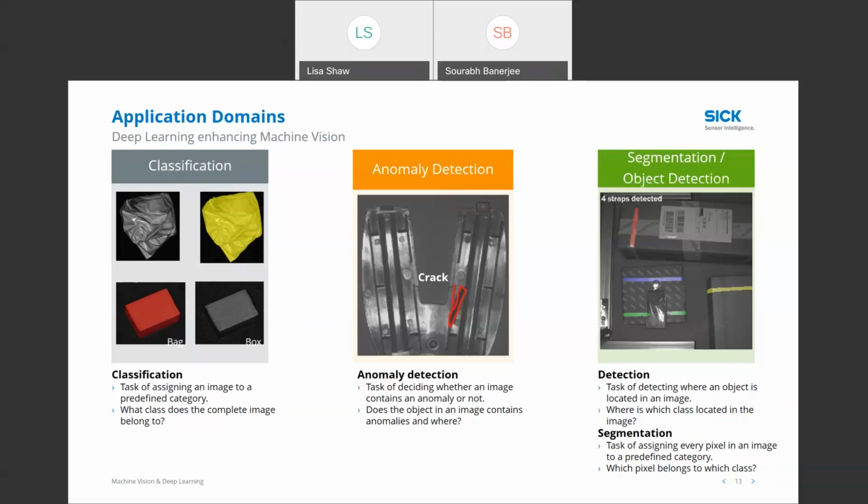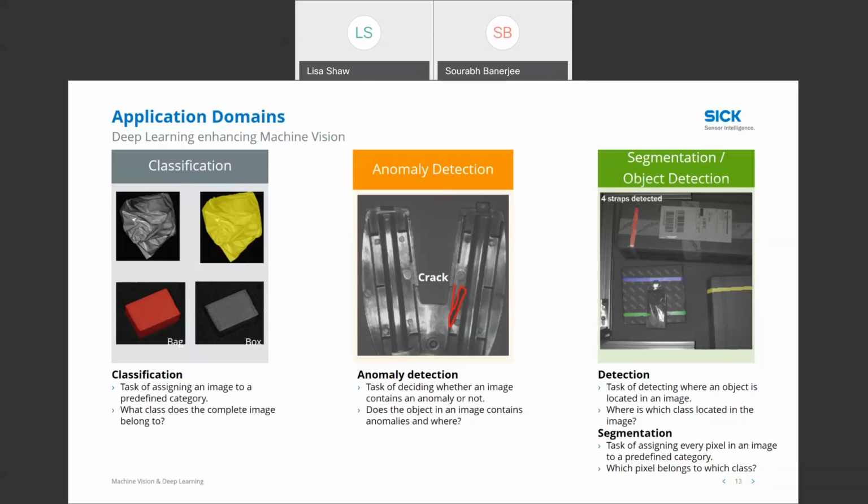Driverless cars have either a LiDAR or a camera base, and they're able to take in the entire image and segment between a road versus a human being versus a footpath versus a light. So these are the multiple different application domains that deep learning involves.